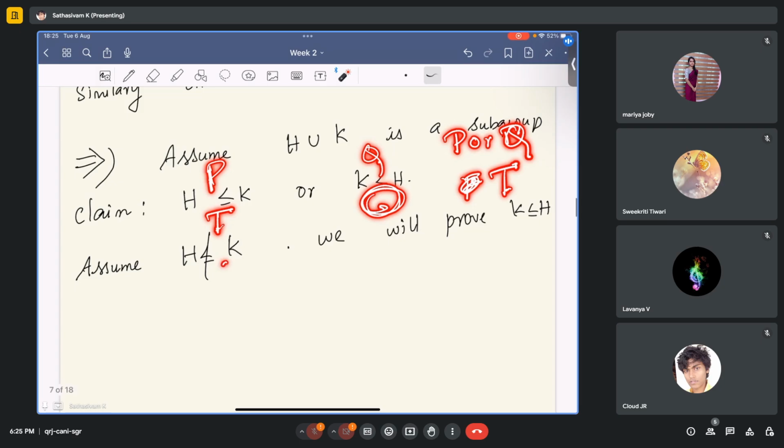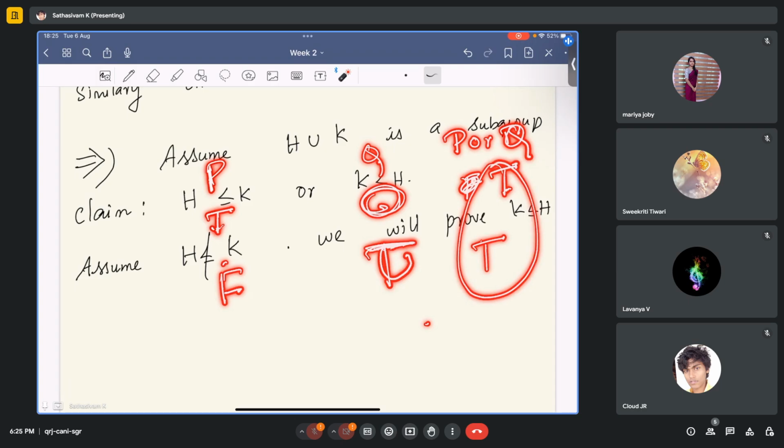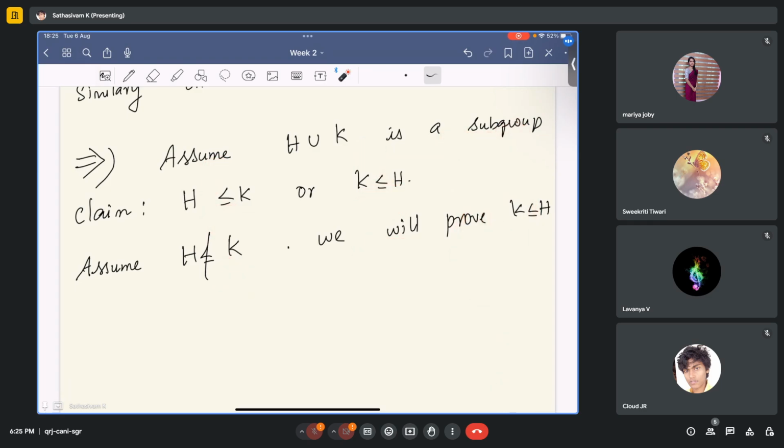So we assume the first statement is false and prove that Q is true, so that we get a true in the last column.